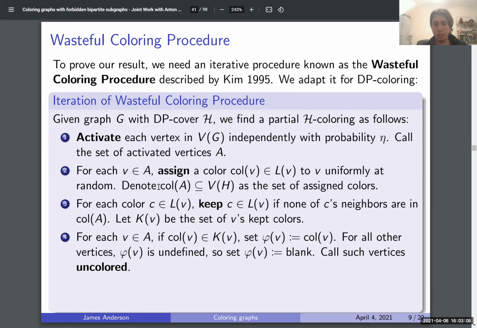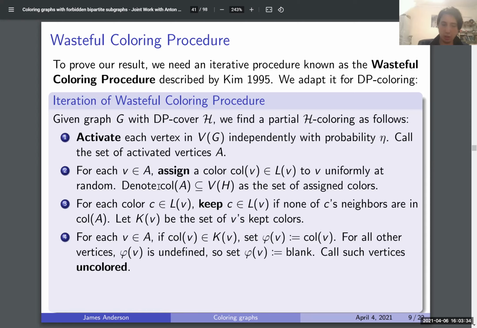And so now what we do is, after we've gotten rid of colors, if a color of V that it was assigned was kept in its list, then we're going to set our partial coloring phi of V to be that color. For other vertices, if its assigned color was removed, then we just keep it blank.